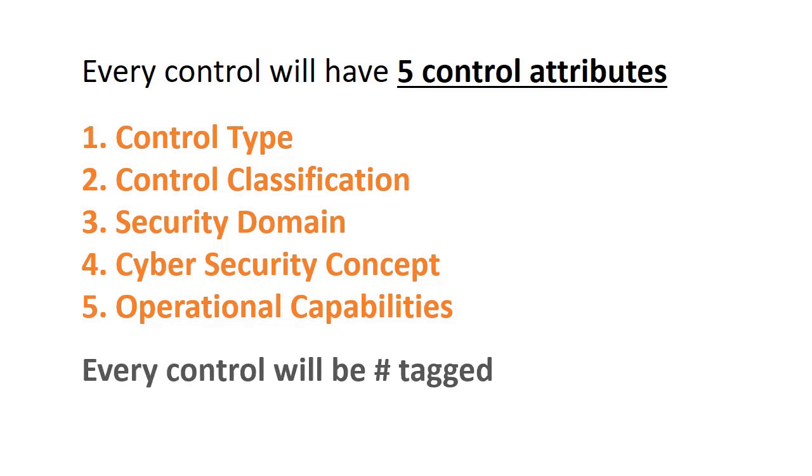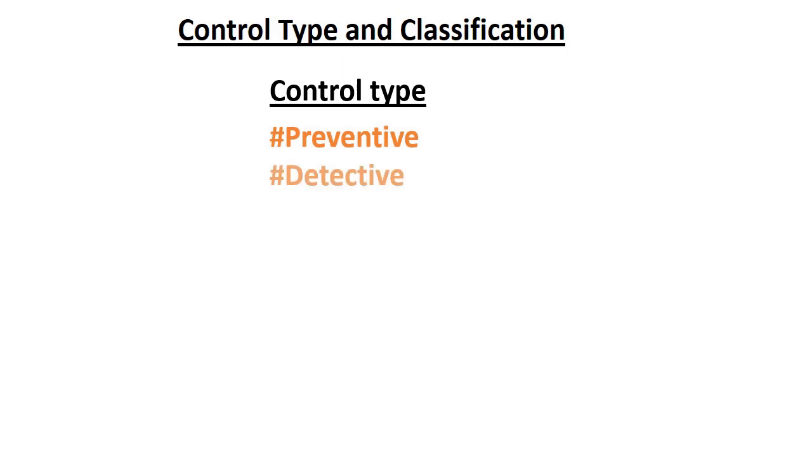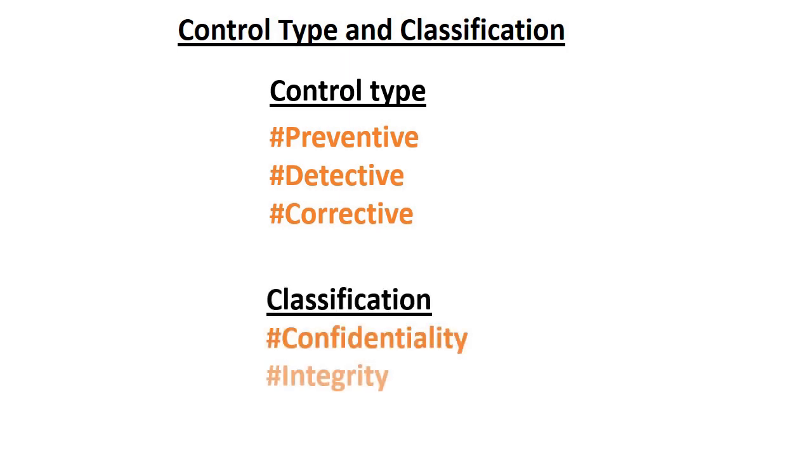Additionally, every control will now be tagged. Let us see what control types are. The control types are preventive, detective, and corrective. Classifications are defined as confidentiality, integrity, and availability.